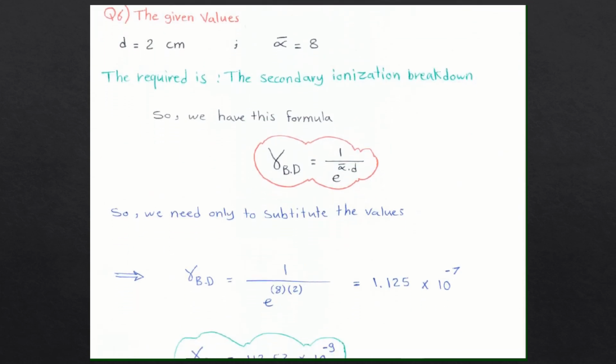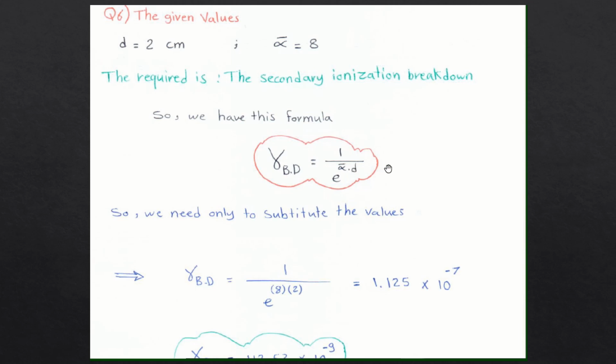To find the secondary ionization coefficient at breakdown, we have a formula: gamma_BD is equal to 1 divided by e to the power net ionization into distance. In this formula, the value of the net ionization is already given, and the value of the distance is also given in the question.